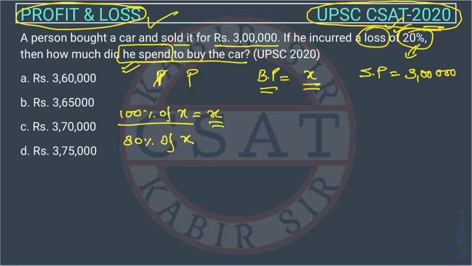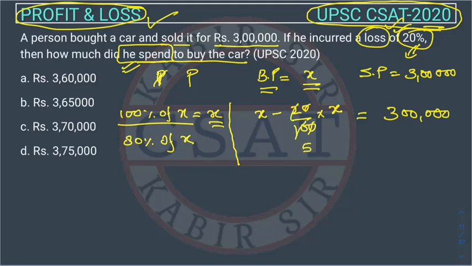So we will deduct this 20 from this 100, or you can write all the steps. The initial price is x and there is a loss, so we will subtract 20% of x. So after the loss, how much? This is equal to 3 lakhs, because this is our selling price.